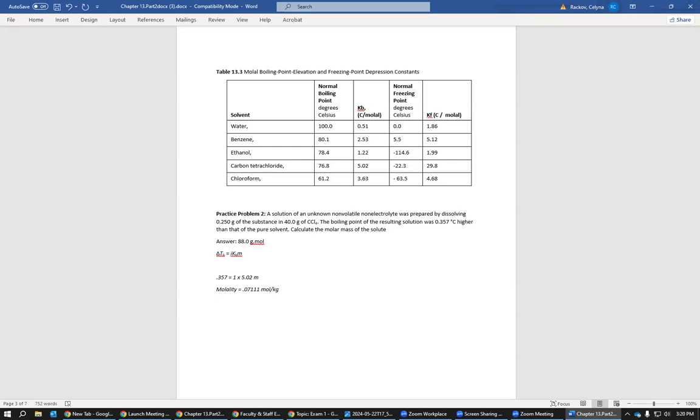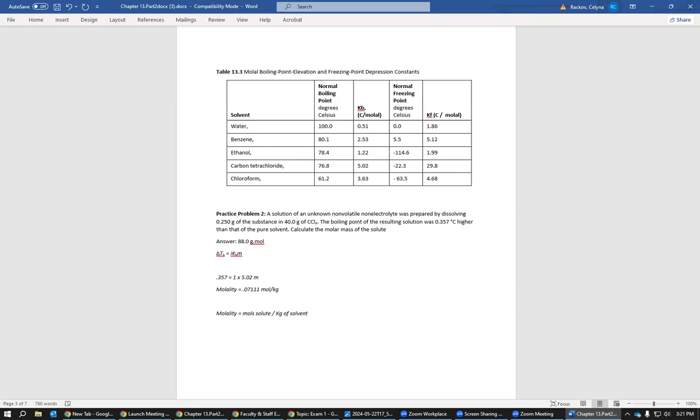But the question is asking for the molar mass of the solute. So let's see here. Okay, what's the molality formula? Molality is equal to moles of the solute divided by kilograms of solvent, right?